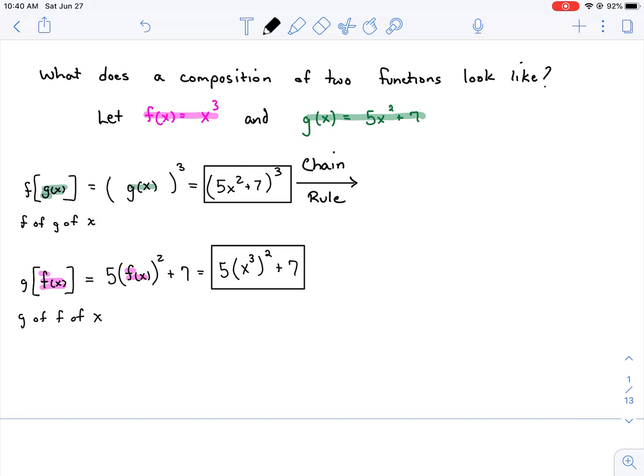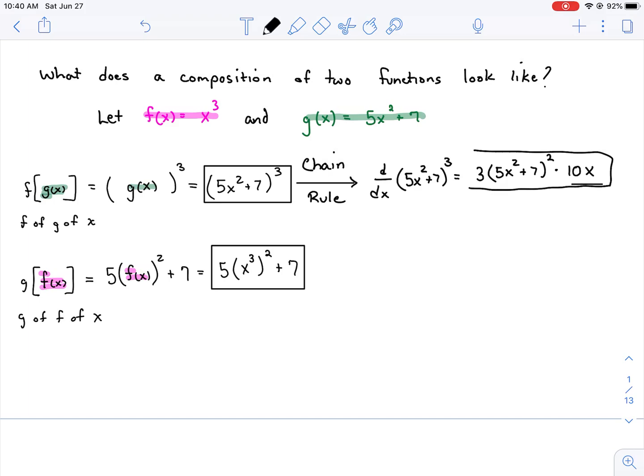Okay, so if I wanted to find the derivative of the quantity 5x squared plus 7 all cubed, it would look like the following. So go ahead and take a moment to figure out how I did that.